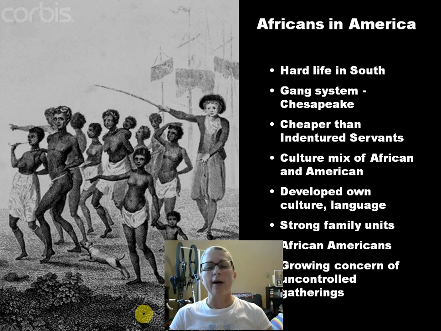But eventually, and this may take a generation or two, they'll learn a common language, they will have a common culture on the farm, the plantation. And when you begin to have that common culture, it's going to be a mix of both African cultures and American cultures. And when you have that blending of the two, that's what gives us the African American.